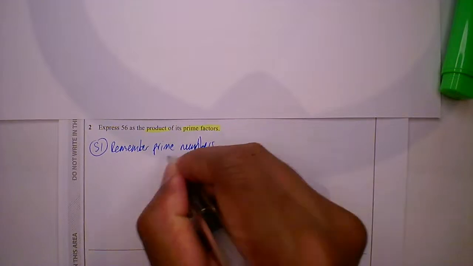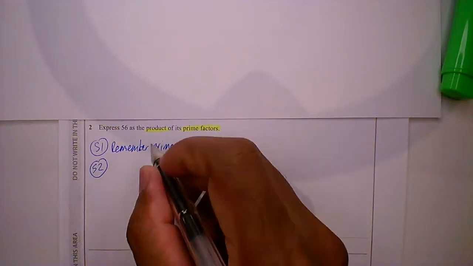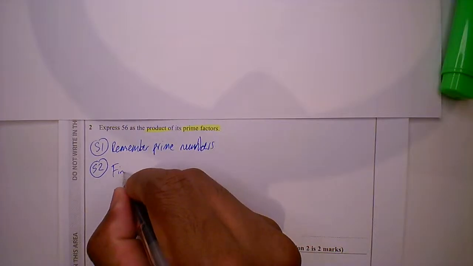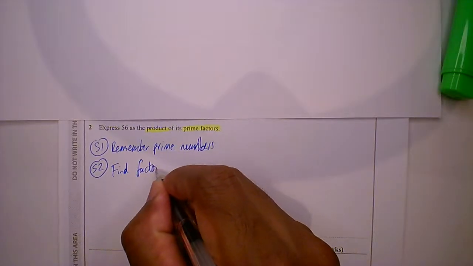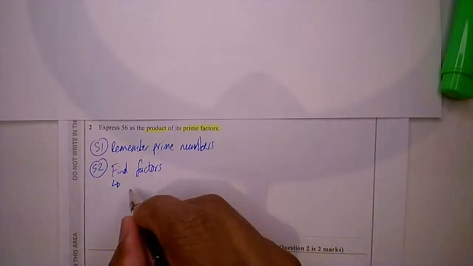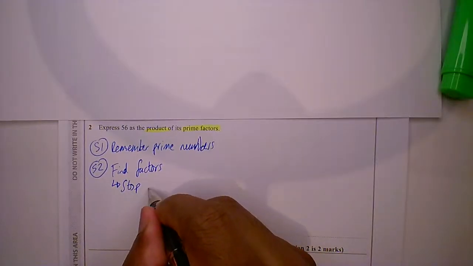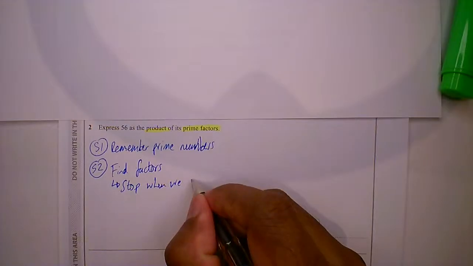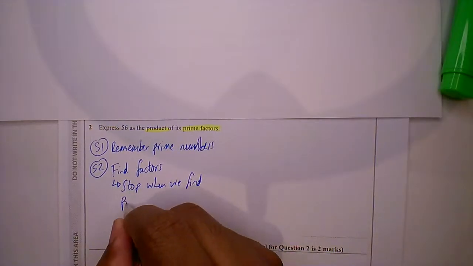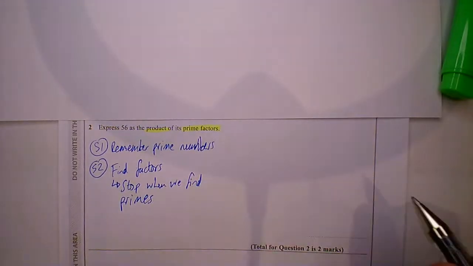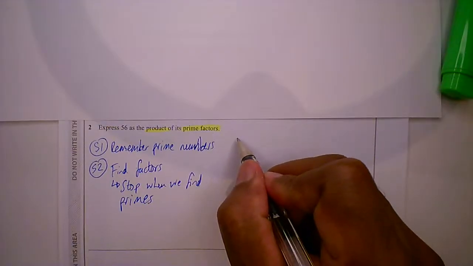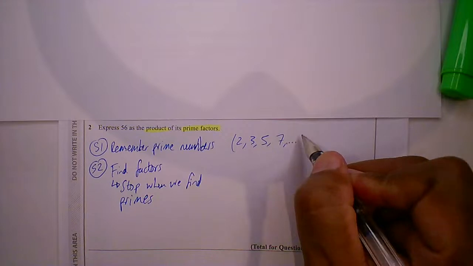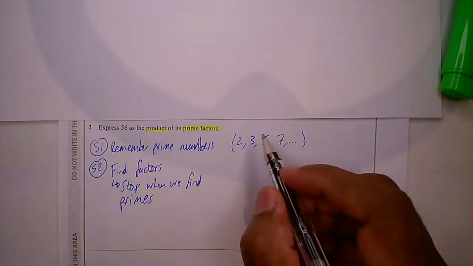And then step 2 is we find factors of the previous number, and we stop when we find prime numbers. My prime numbers are 2, 3, 5, 7, and so on. So I need to remember that.